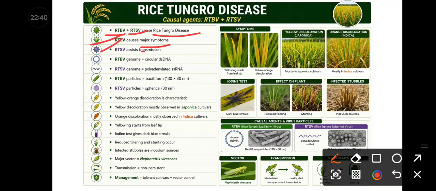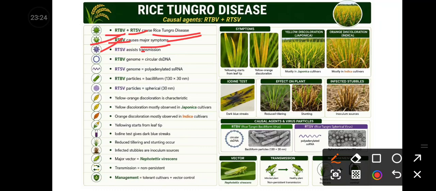If only the spherical virus is present, mild symptoms will appear. But if both RTBV and RTSV are present, then we will get major symptoms. When the plant is infected only by rice Tungro bacilliform virus, it will produce symptoms in that plant, but it can't transmit. तो जो क्या होता है, राइस टुंग्रो का जो स्पेरिकल वायरस होता है, दैट इज फॉर द ट्रांसमिशन.